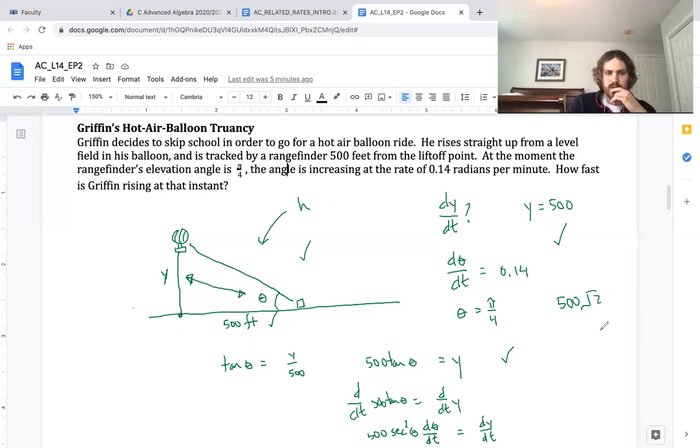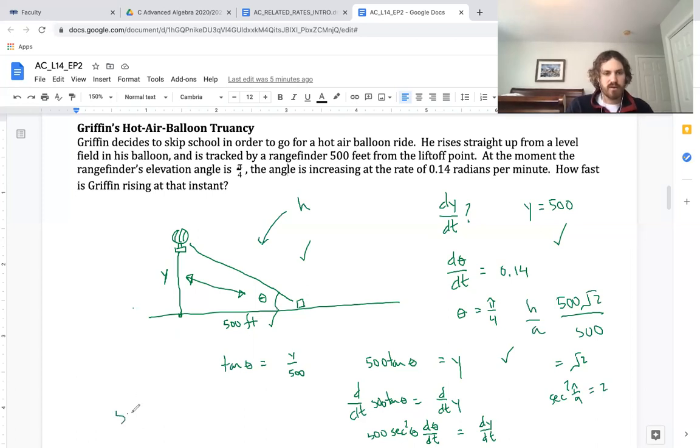So that means that secant theta, right, cosine is adjacent over hypotenuse. So secant is hypotenuse over adjacent would be 500 root 2. That's hypotenuse over adjacent, which is 500. So that's simply square root 2. That's secant theta. So secant theta squared would just be 2. Secant squared theta of pi-4ths is simply 2.